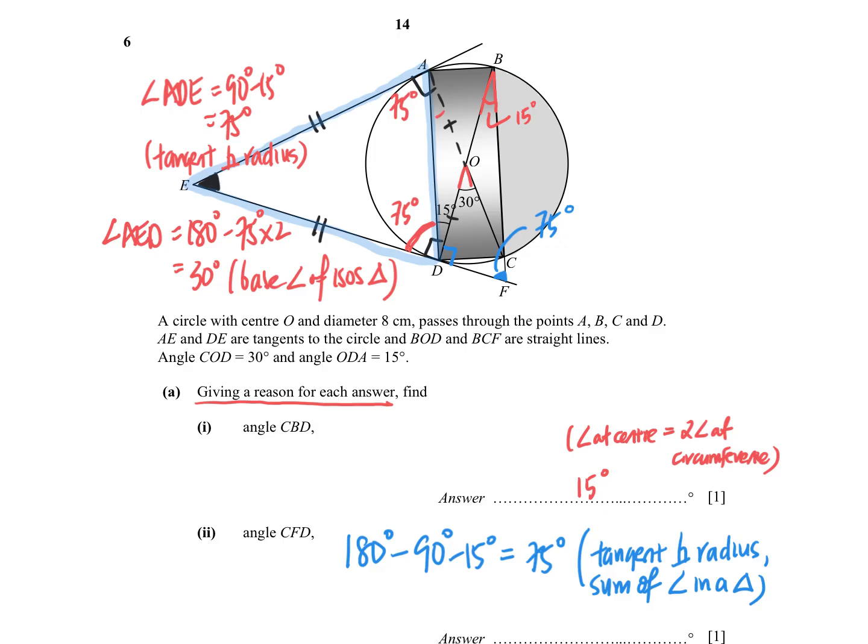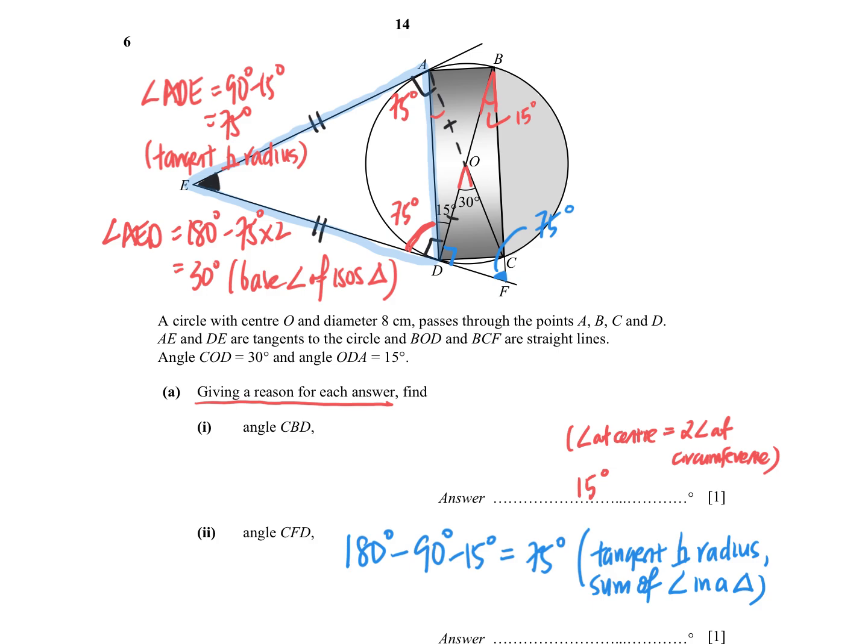Cannot, they are not alternate. Alternate must be parallel. Did they say it's a rectangle? They never say it's a rectangle, so we cannot assume. Unless they tell us it's a rectangle, then can. Okay? So that is the reasoning. Make sure you are familiar with the reasoning.